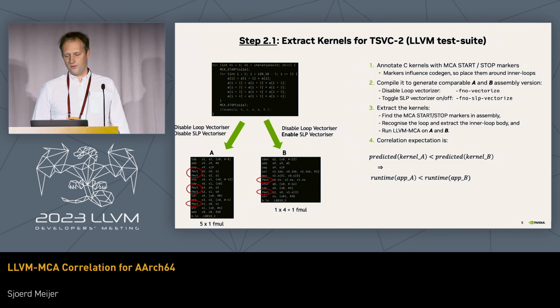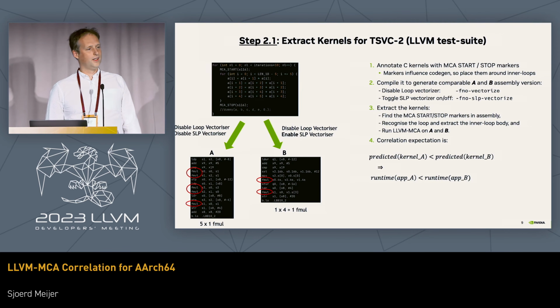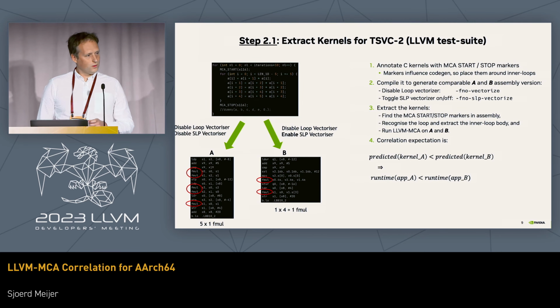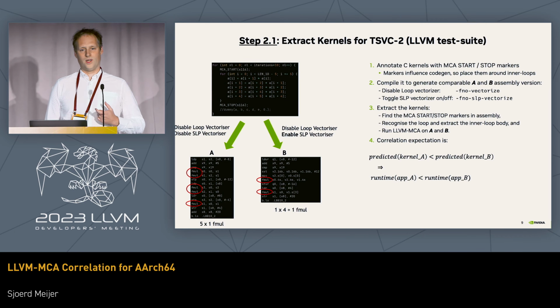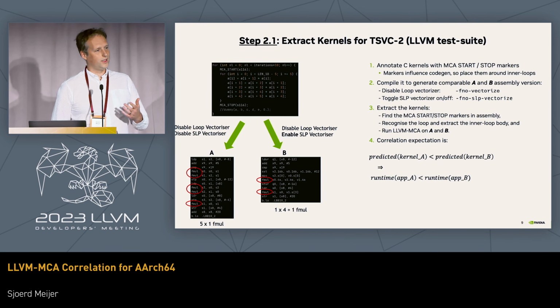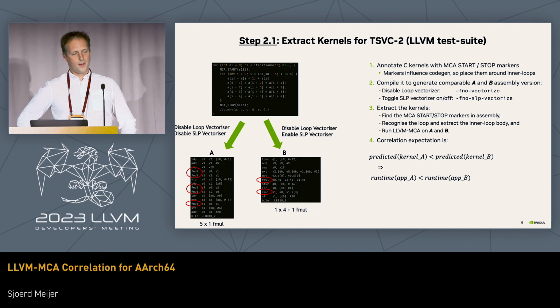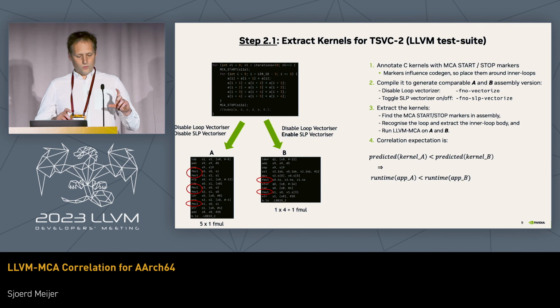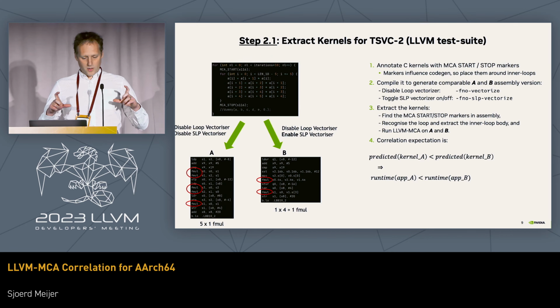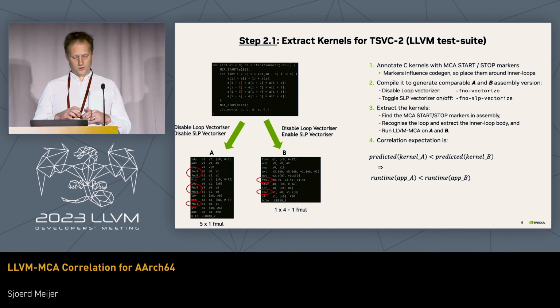You see 5 floating point multiplies, and that corresponds with the C code. For the B version, when we toggle the SLP vectorizer on, we see some vector code. You see one vector instruction that processes 4 elements, and there's one scalar, so that also totals 5 floating point operations. We generate assembly code, we look for these markers, and then we take the inner loop kernels.